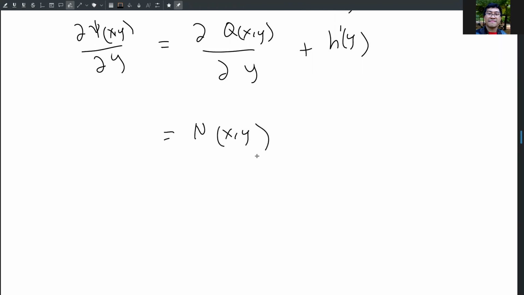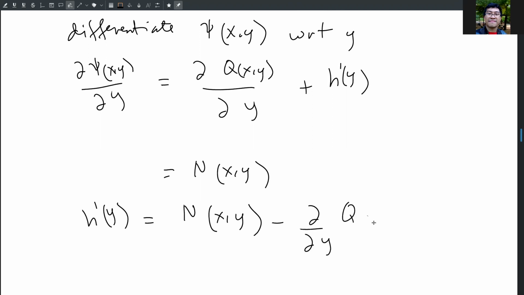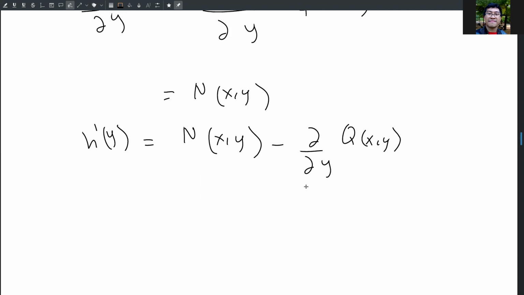Again, our goal here is to find psi. With this, we can get an expression for h prime(y), that is n(x,y) minus the partial derivative of q with respect to y.